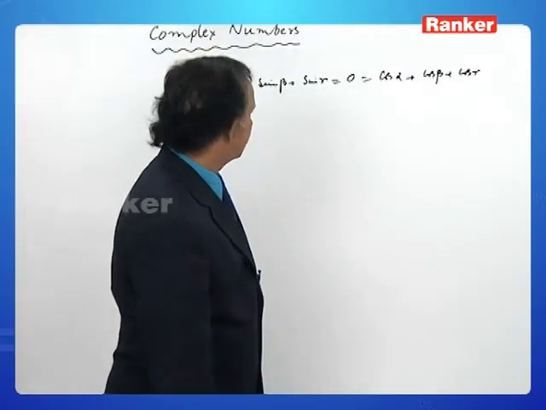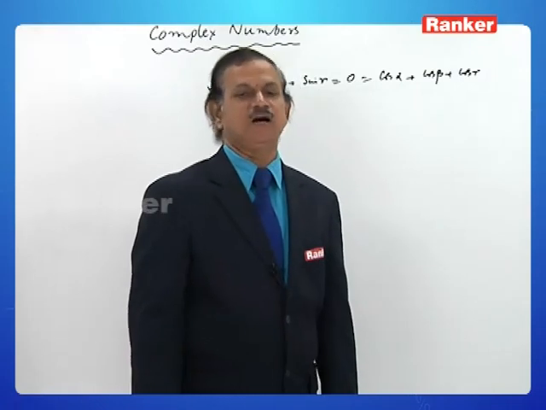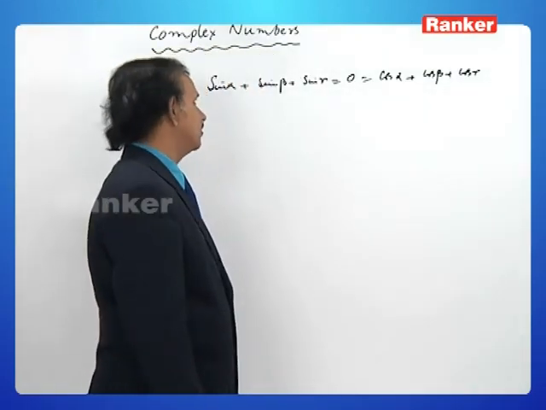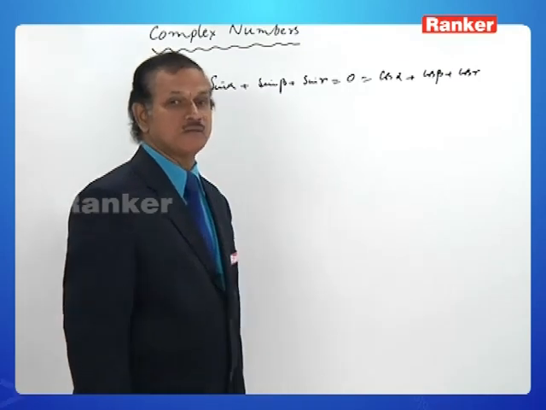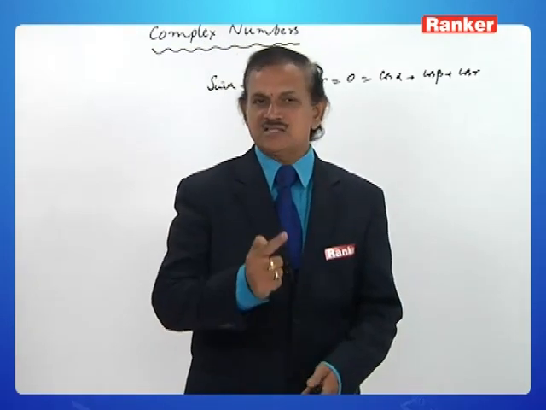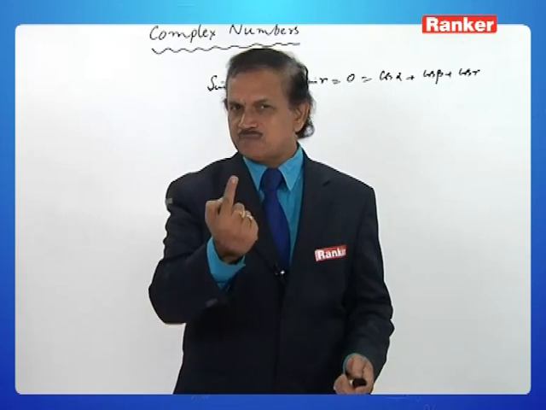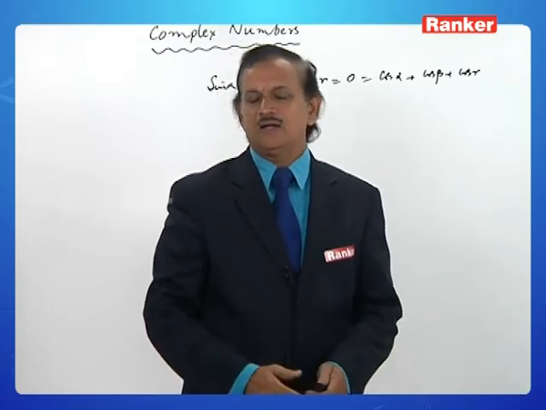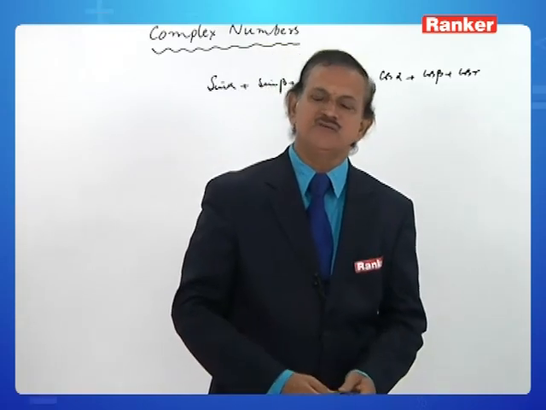Suppose there are three real numbers alpha, beta and gamma such that cos alpha plus cos beta plus cos gamma is equal to 0, which is equal to sin alpha plus sin beta plus sin gamma. With just this simple piece of data, a lot of things can be deduced.